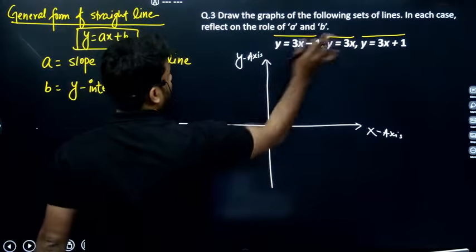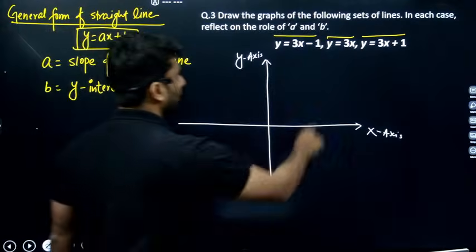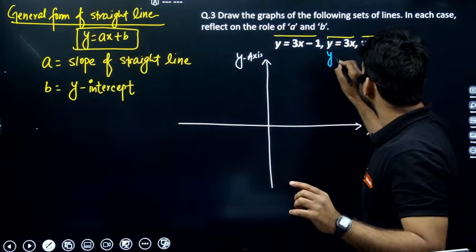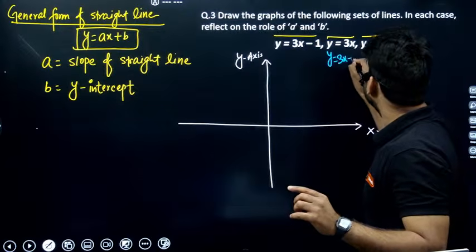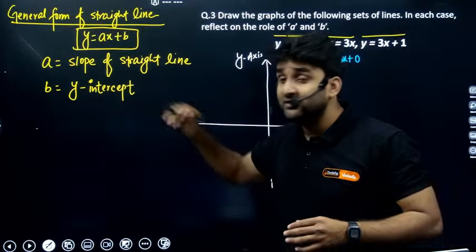So let me show you how to draw this line. I'm using blue color for the middle one, y is equal to 3x. My dear, y is equal to 3x and b is nothing, so we can imagine 0. And 0 means y-intercept 0.